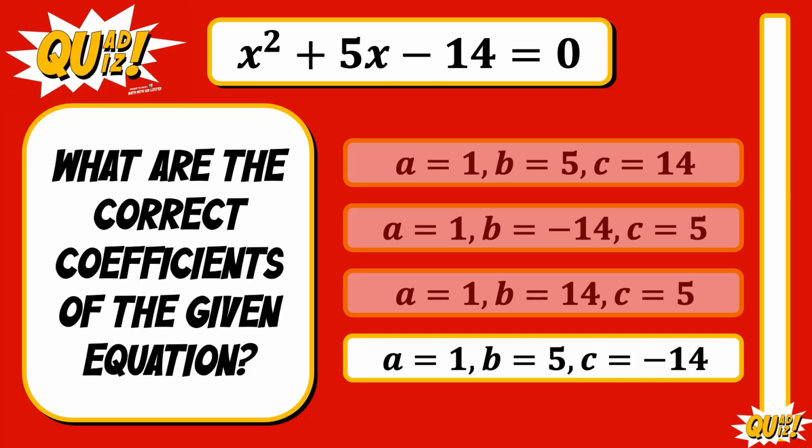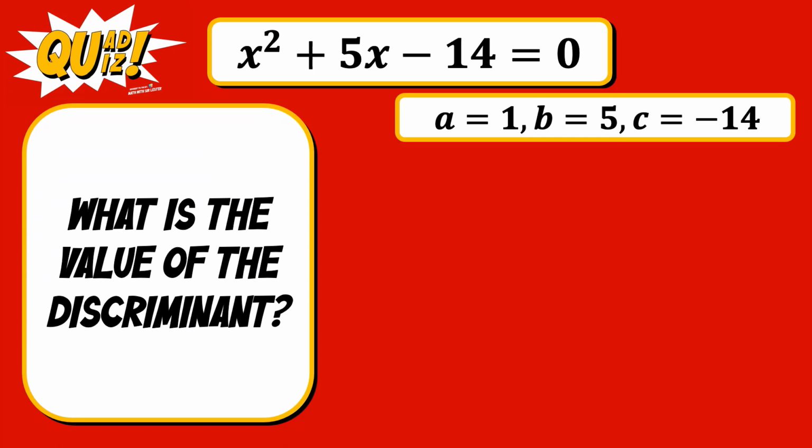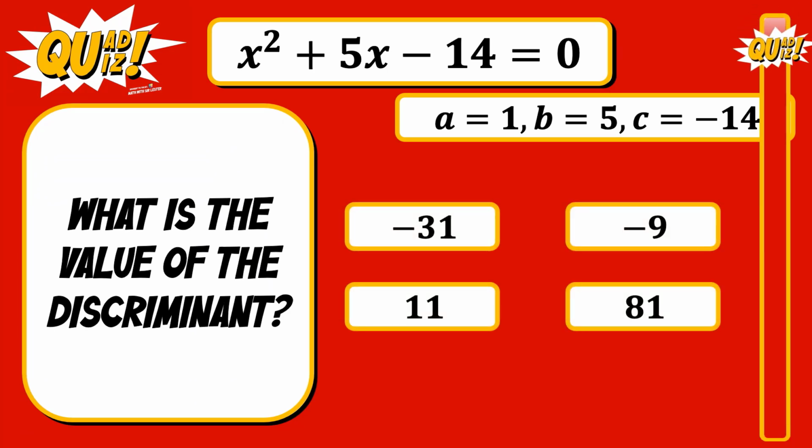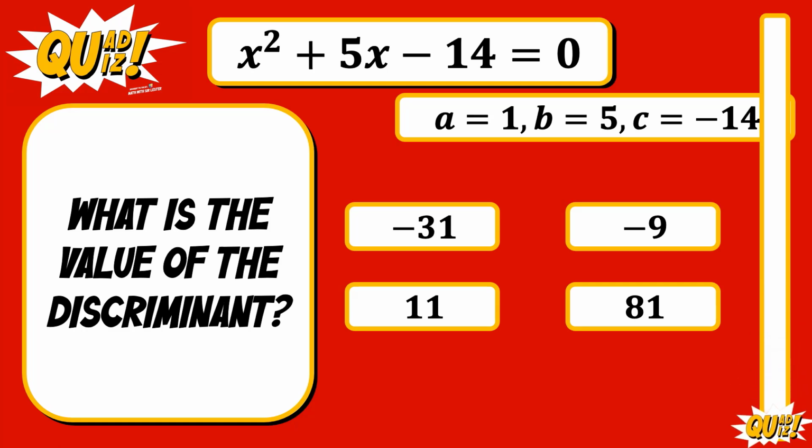Time is up. The answer is A equals 1, B equals 5, and C is negative 14. What is now the value of the discriminant? It is 81.